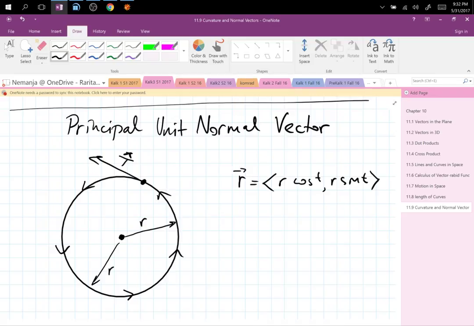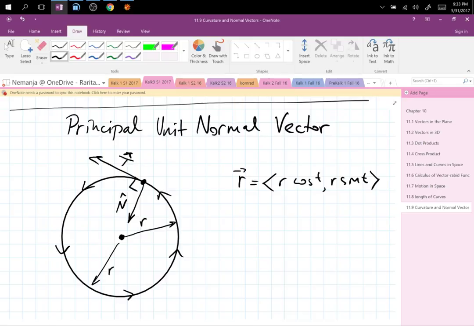The principal unit normal vector will be perpendicular to the unit tangent vector, and it will point towards the center of the curvature. It will create 90 degrees with the tangent vector, which is the reason why we have the word normal in it.